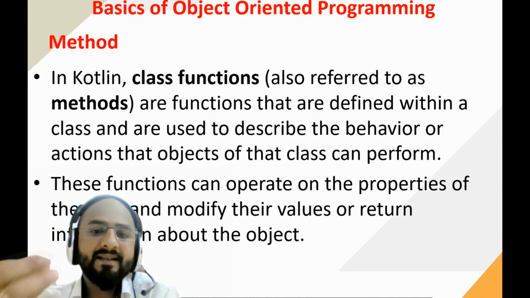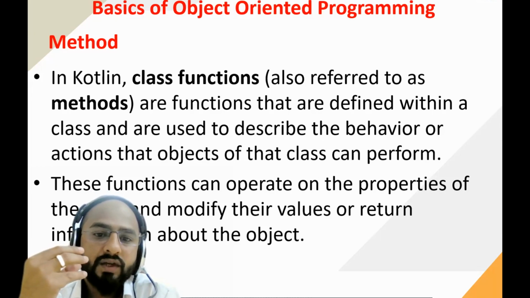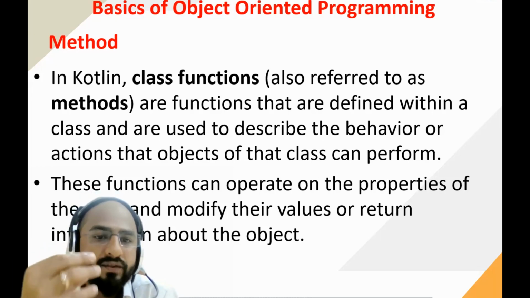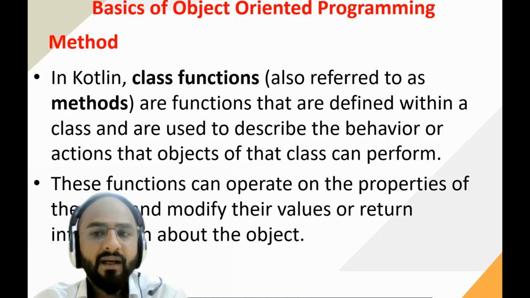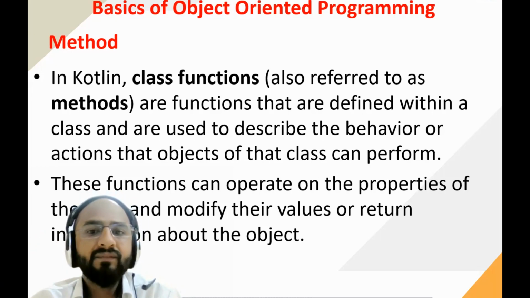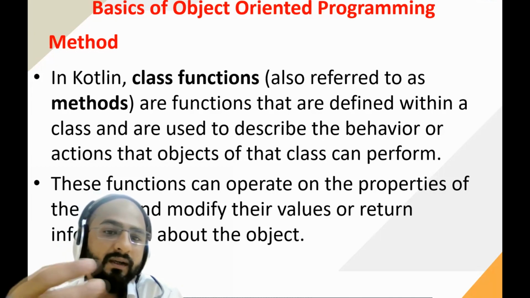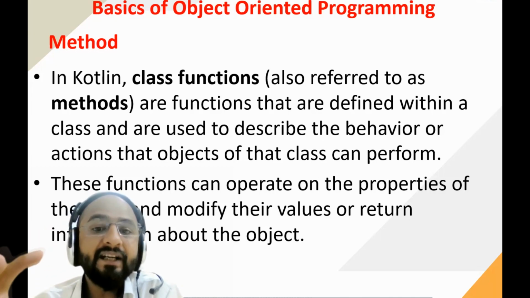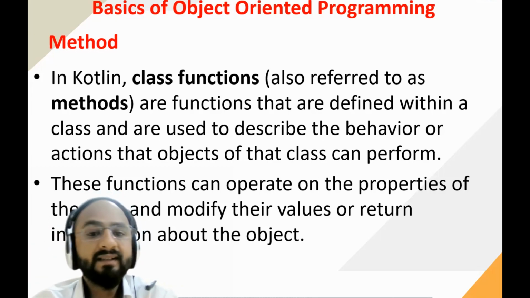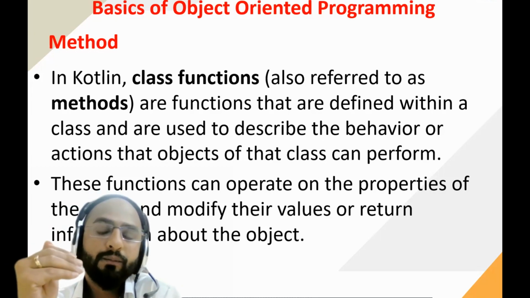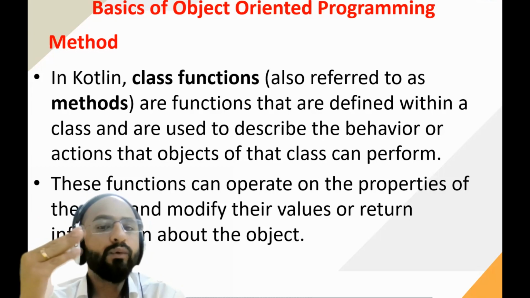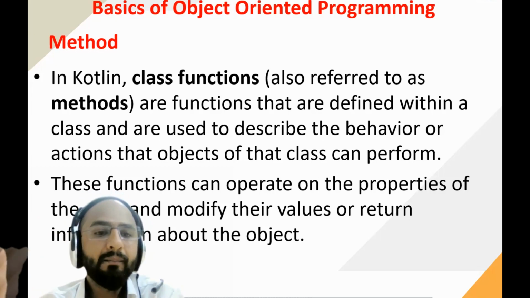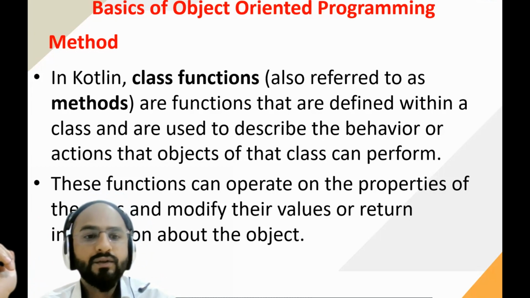So a method is just a simple function. In object-oriented programming, it is called a method. And what is the benefit of that? It defines the functions of that particular class. What will be the functionality of that particular class? You can say it like that also. If you want to provide some functionality, you need to write a method in the class.